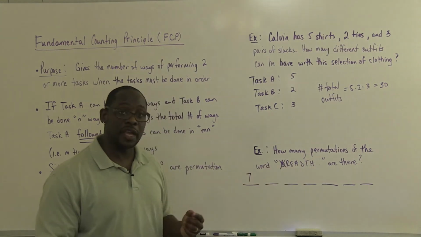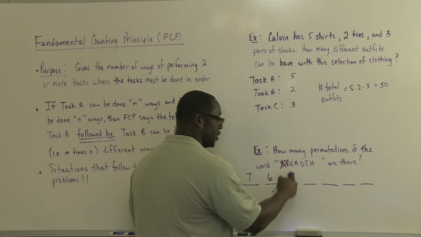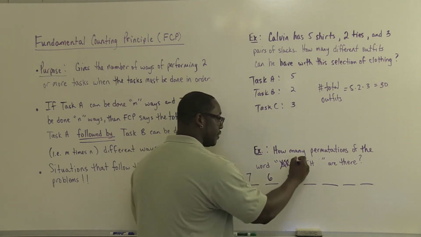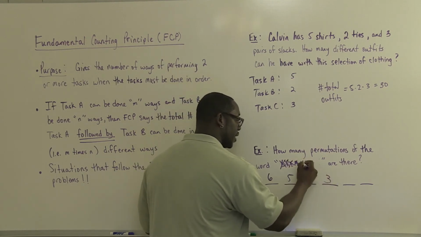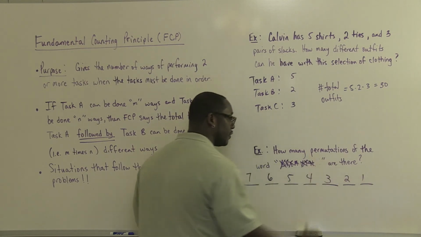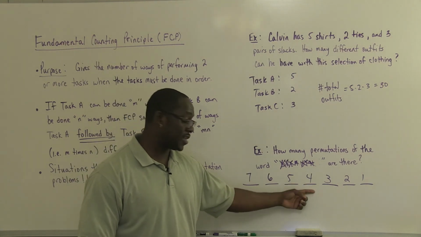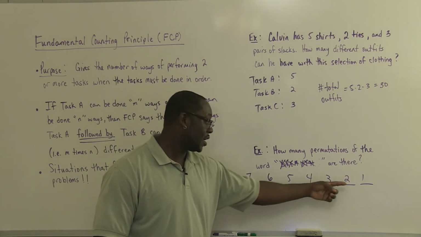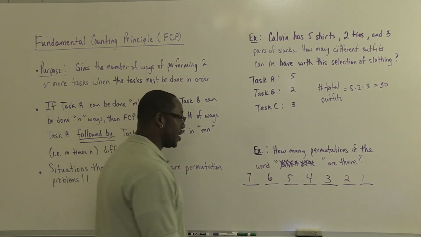And as you see here, we have 6. And then here we have 5 left, and then 4 left, and then 3 left, and then 2 left, and then 1 left. And so task A, task B, task C, task D, task E, task F, task G. So we have all those different tasks.